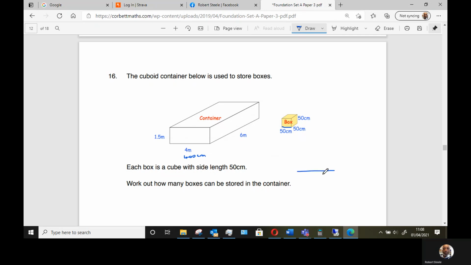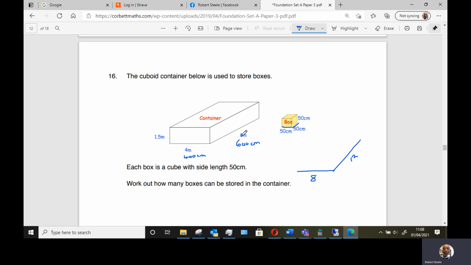So you can get 8 boxes across. So 50 goes into 400 8 times. And then into this 600 centimeters, which is your depth, your front to back, you can get 12 boxes deep.